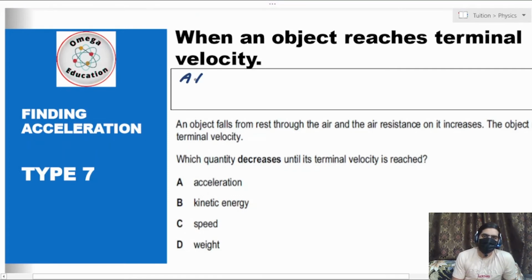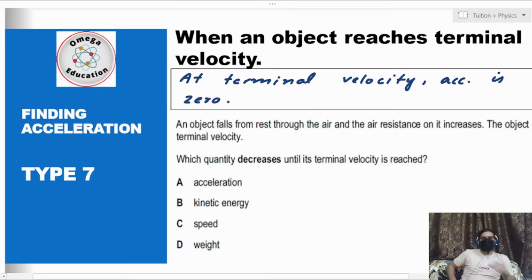So first I'll write it down here. At terminal velocity, acceleration is 0.